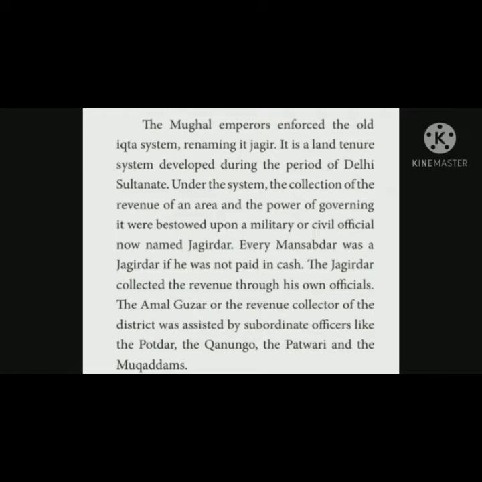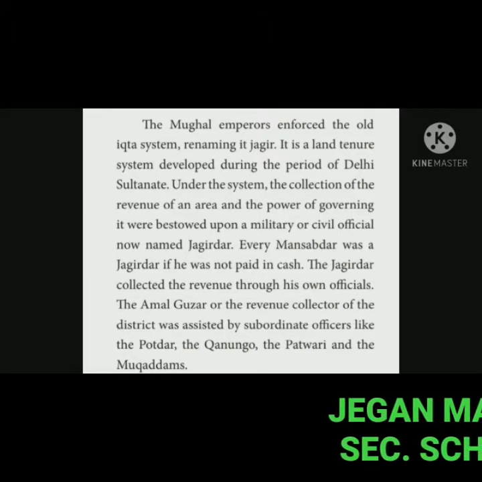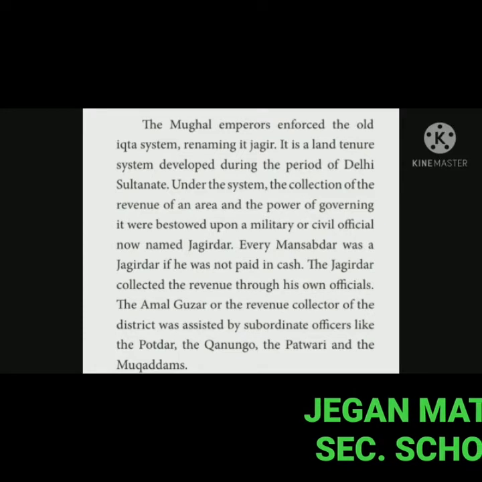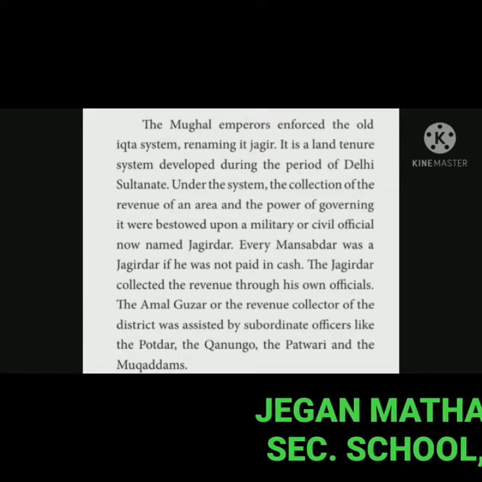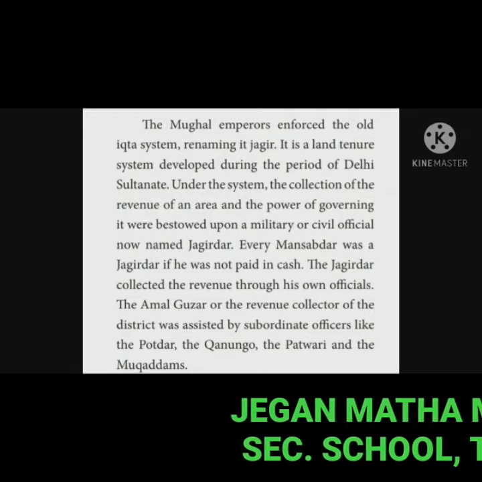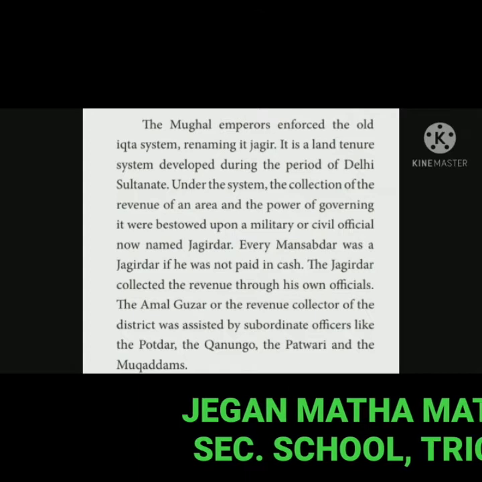Under this system, the collection of the revenue of an area and the power of governing it were bestowed upon a military or civil official, now named Jagirdar. Every Mansabdar was a Jagirdar if he was not paid in cash. The Jagirdar collected the revenue through his own officials.